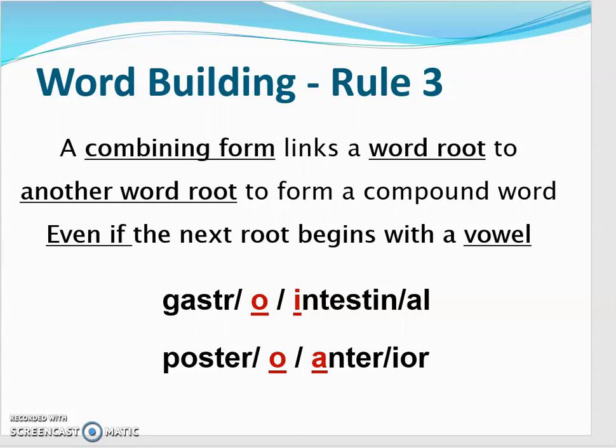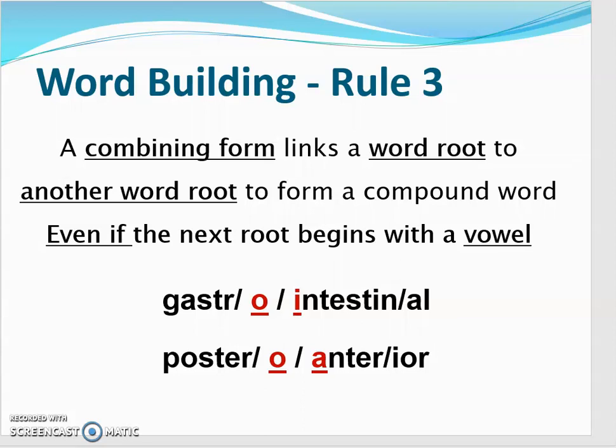So word building rules 1 and 2 are about attaching suffixes. Word building rule number 3 is specifically about attaching nouns together. So gastrointestinal, although intestine starts with an I, we still keep the combining vowel for gastro. We get the word gastrointestinal. Same with posterior-anterior.